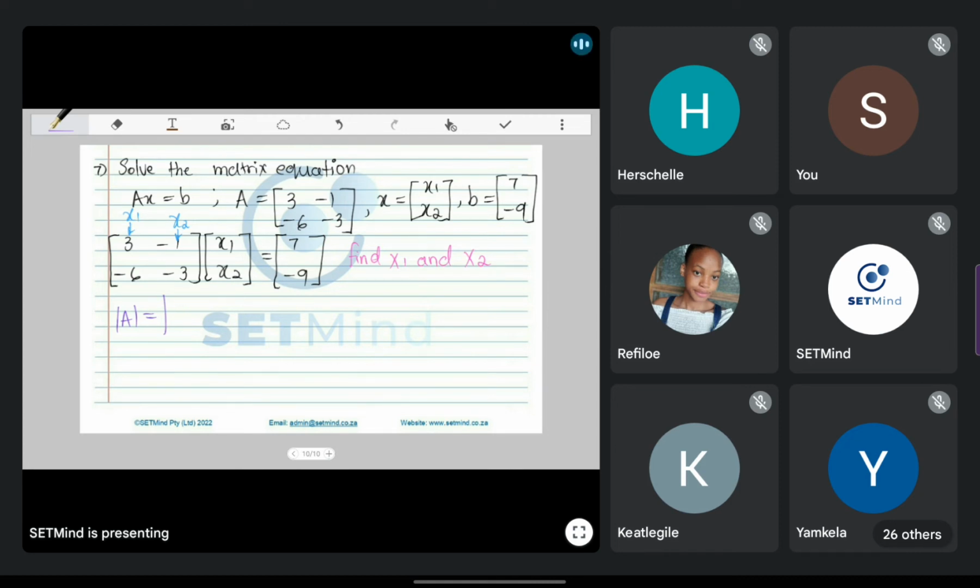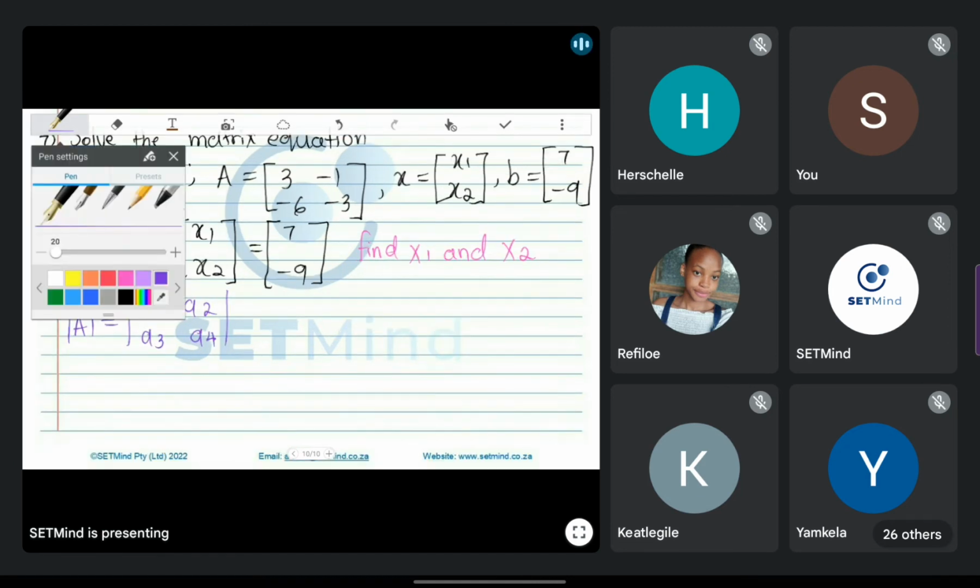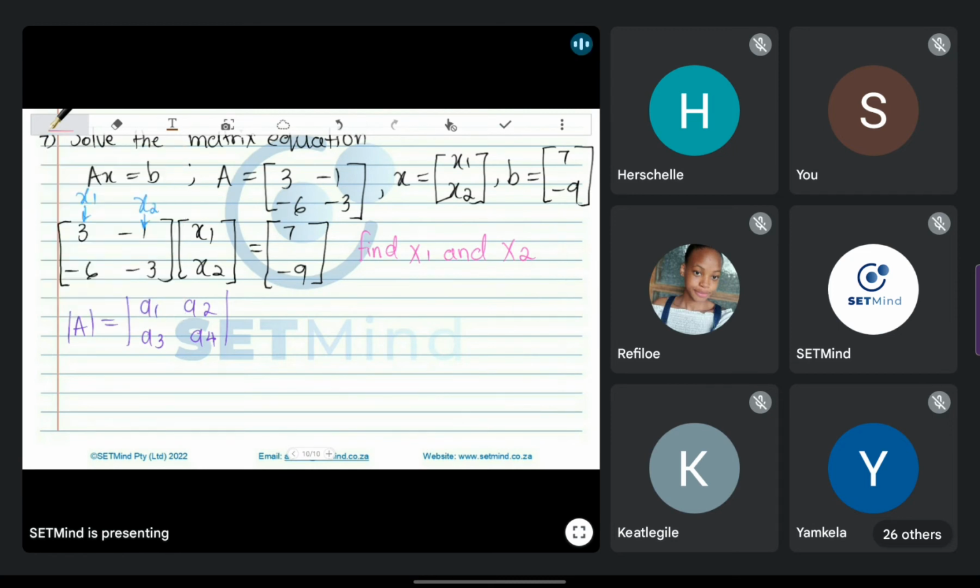You have A1, A2, A3, A4, because essentially for Cramer's rule, you use your determinants to solve this thing. The determinant of this matrix is going to be A1 times A4 minus A3 times A2. So this simply becomes A1 A4 minus A2 A3. Right. So this is what I wanted to say.